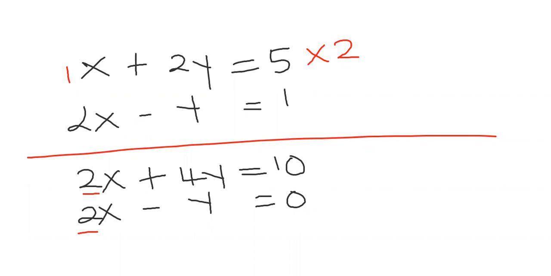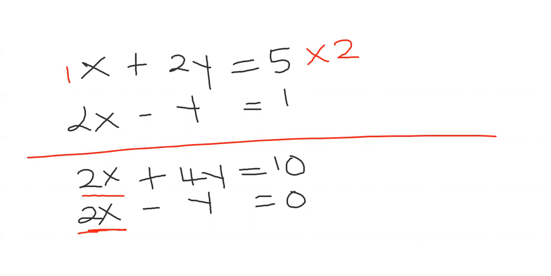So if the coefficients are the same, it means we can now continue with working out our problem. Remember I said we eliminate either by adding or subtracting. Now, the one that you are eliminating, you should always get a 0. So you have to look at your two terms, the ones that you want to eliminate, and ask yourself, what can I do to these terms for me to get a 0?